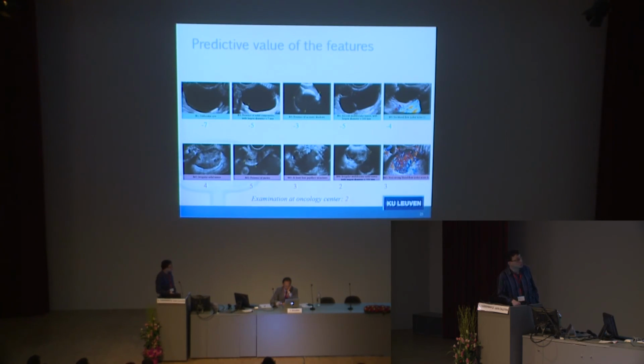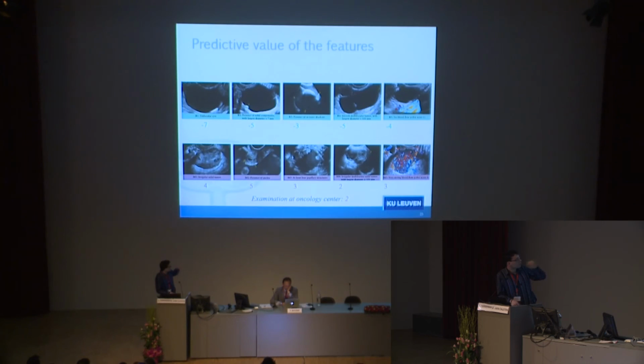And then for the malignant tumors, you have something similar, and there all the scores are positive because they are predictive of malignancy. The strongest feature is M2, presence of ascites. And then the weakest one is M4, irregular multilocular solid tumor with largest diameter of at least 10 centimeters.